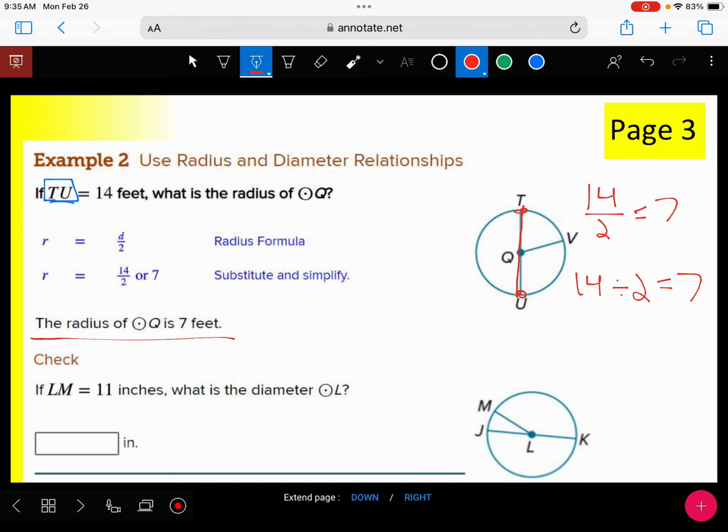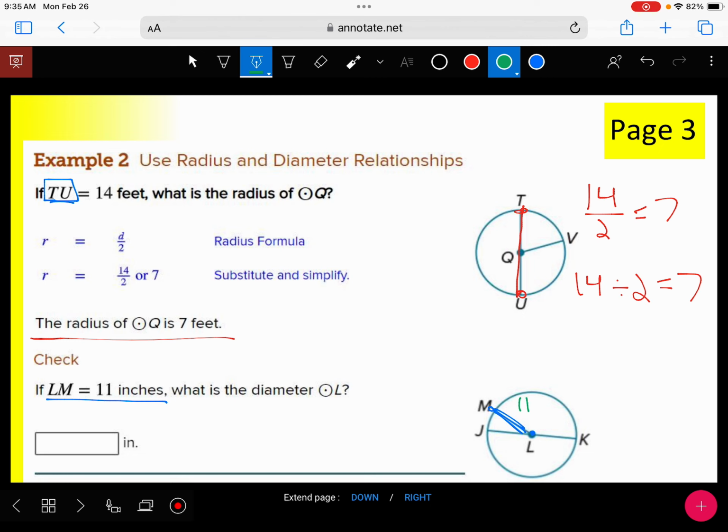Now let's look at this check. This check problem says that line segment LM is 11 inches. What kind of line segment is LM? Radius. It's a radius because M is on the edge and L is on the center. And we know that distance right there is 11 inches.